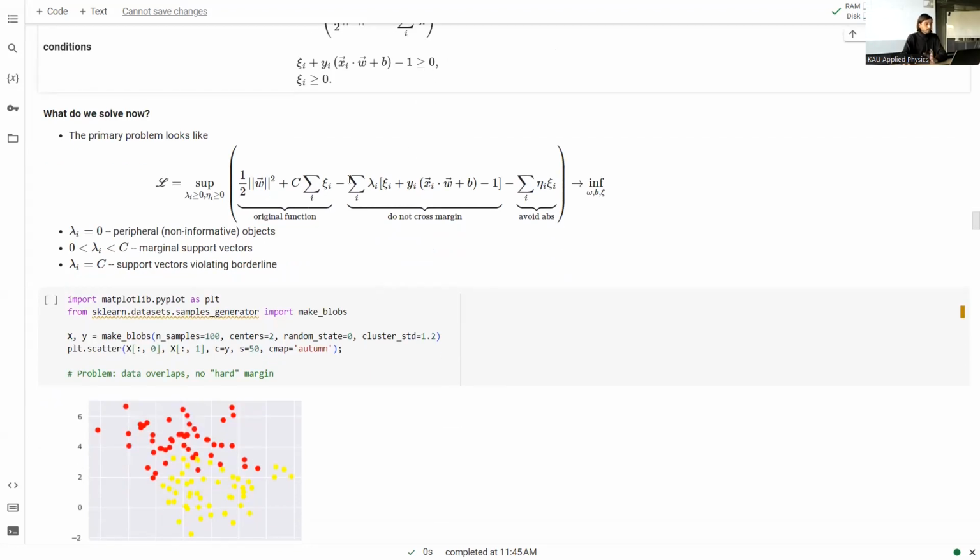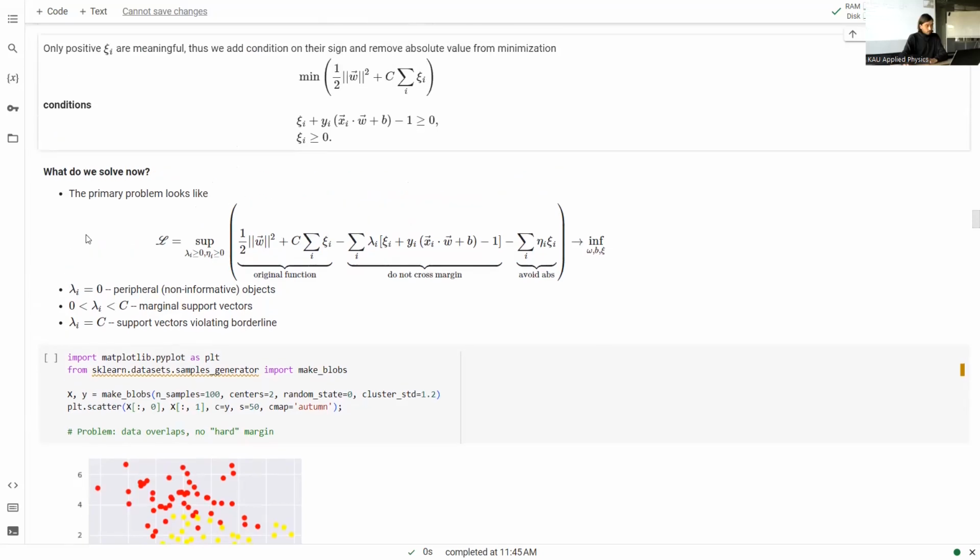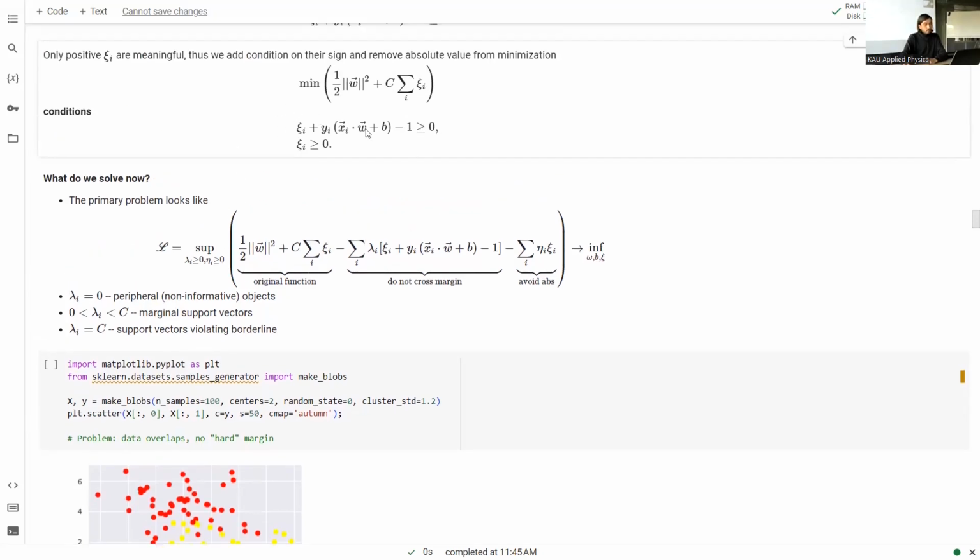And let's note, please, that these lambda i's, if they are equal to 0, this means that conditions are fulfilled. I don't need these psi i, and this is just a regular peripheral point. So the point that does not cross that line, it does not make something bad.